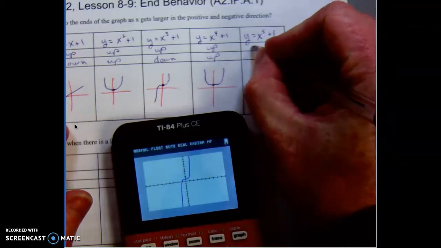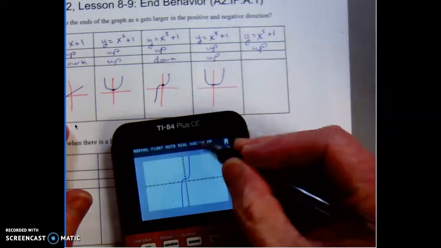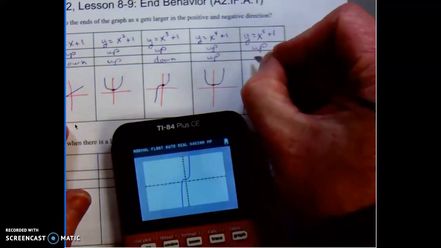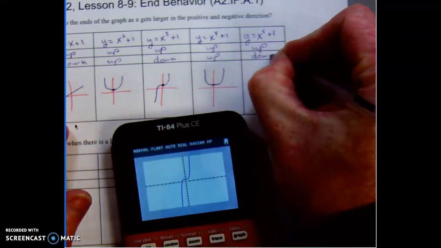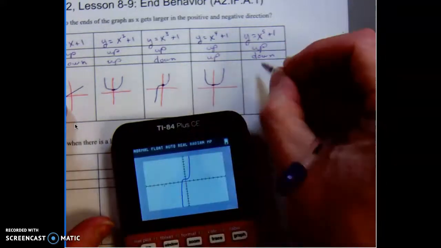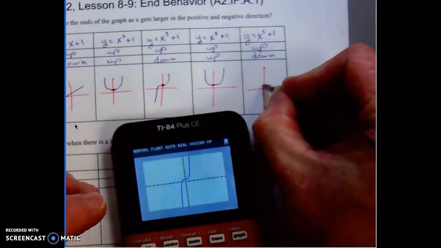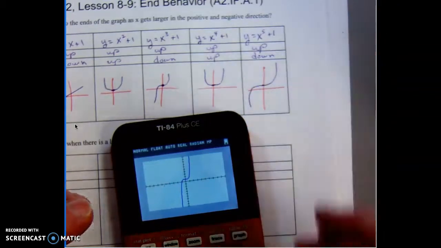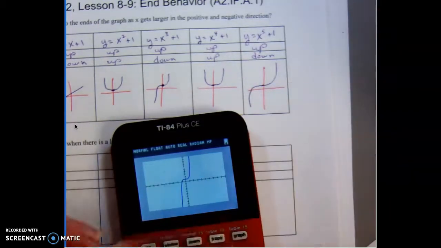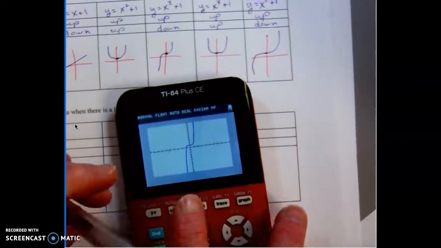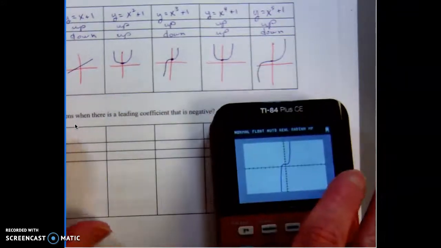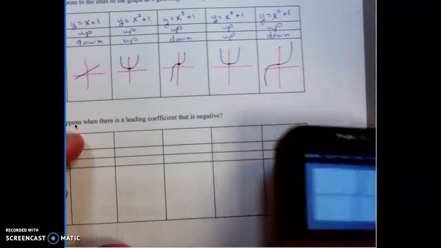So it goes up as we go to the right, and it goes down as we go to the left. Okay, so there's positive 1, so it's kind of flat, and it goes up, kind of flat, and it goes down. Sort of like that. I kind of exaggerated that a bit.